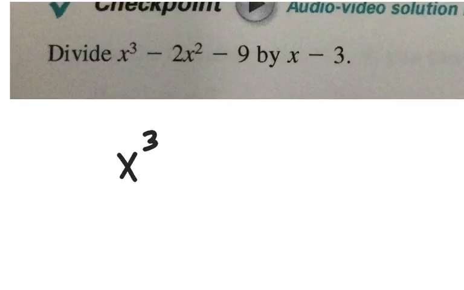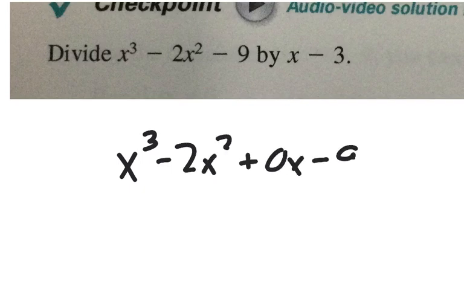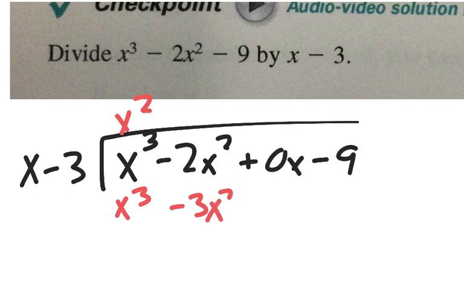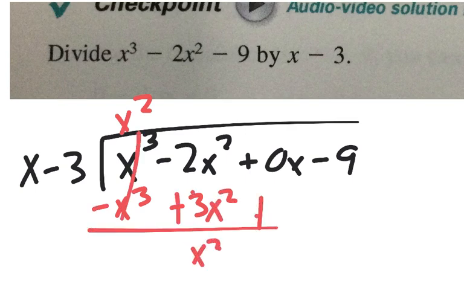So I've got x cubed minus 2x squared plus 0x minus 9 divided by x minus 3. So I'm multiplying by x squared. That should be x cubed minus 3x squared. I subtract. So that's going to leave me with x squared, 0x. So I multiply by x. That's going to give me x squared minus 3x.